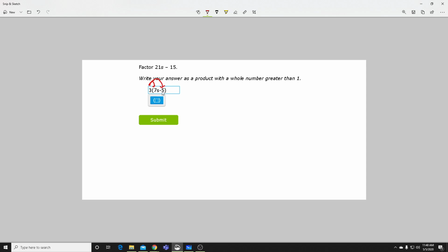So we can do 3 times 7s, and then we'll have 3 times negative 5, so plus 3 times negative 5.